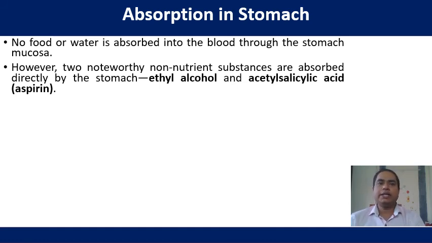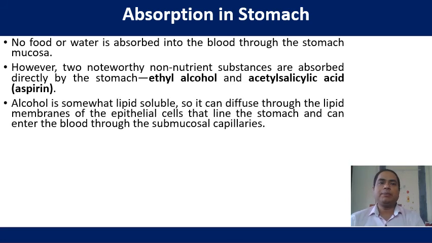Alcohol is somewhat lipid soluble, so it can diffuse through the lipid membrane of the epithelial cells that line the stomach and can enter the bloodstream through the submucosal capillaries.